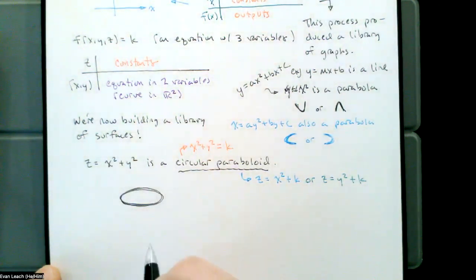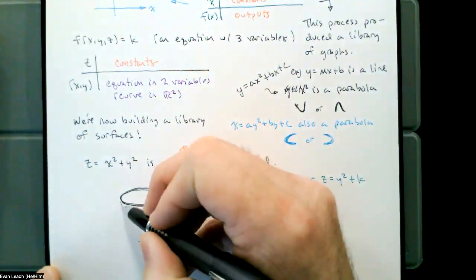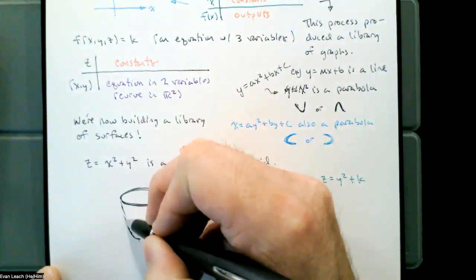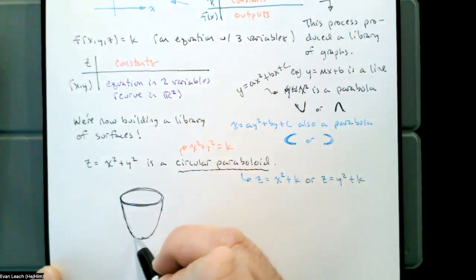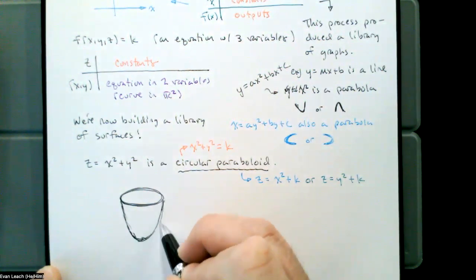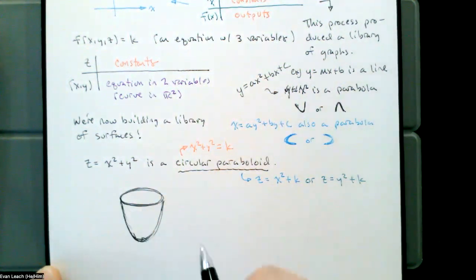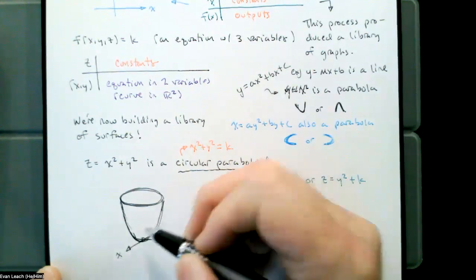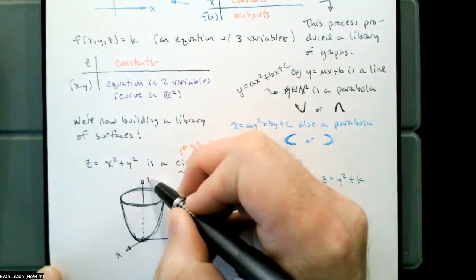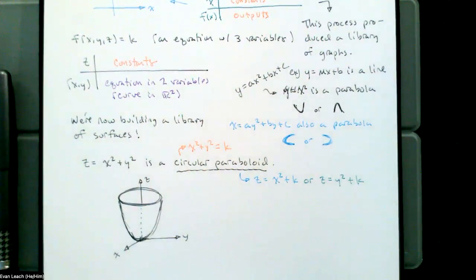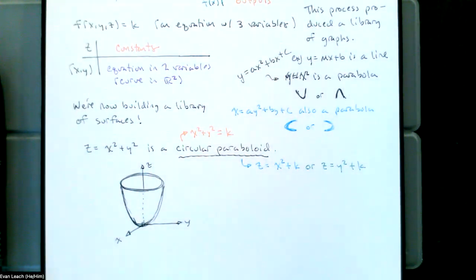Here's a 3/4 view of our circles. Here's the origin down here for this one. And there's our graph of z equals x squared plus y squared.